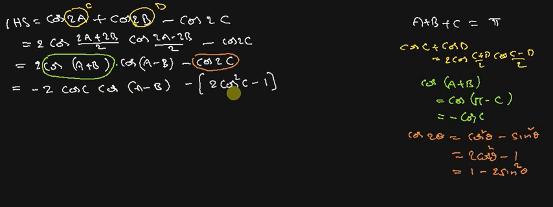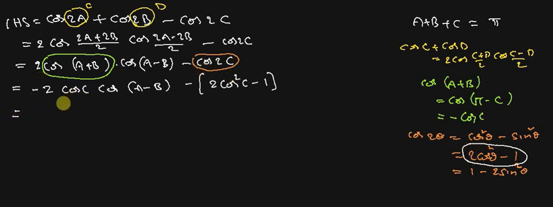Here, why did I choose 2 cos square c minus 1 in this problem? Because look at the term before this term. The first term of this step is 2 cos c, so I have to express it in terms of cos. So I choose 2 cos square c minus 1, and I use this result here.